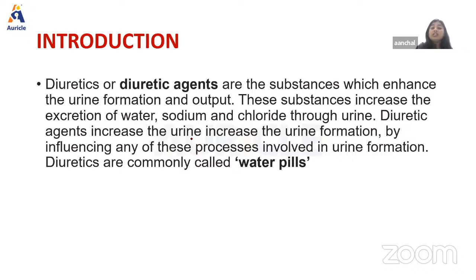Diuretic agents increase urine formation by influencing any of the processes involved in urine formation. So basically, these substances are used by people who have any kind of dysfunction in any segment of the kidney. In those patients, the doctors recommend the use of these agents, and diuretics are also known as water pills.